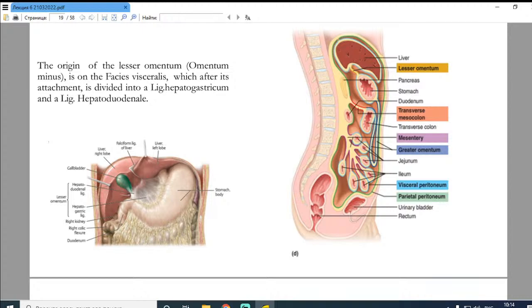Ligamentum hepatoduodenale: stomach, liver, stomach, ligamentum hepatogastricum. This you see is the duodenum, ligamentum hepatoduodenale.